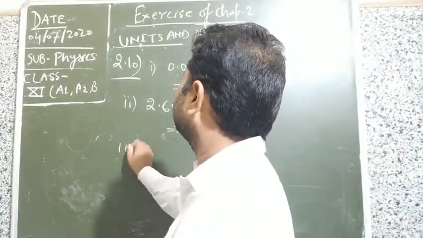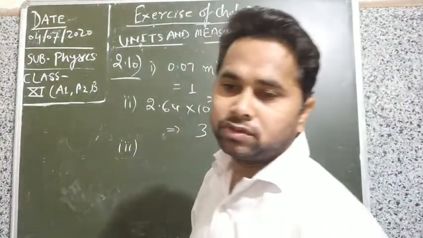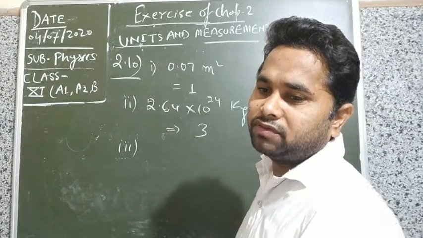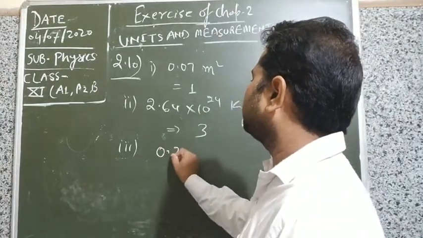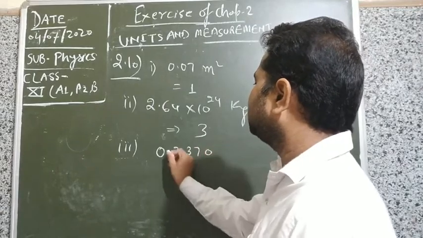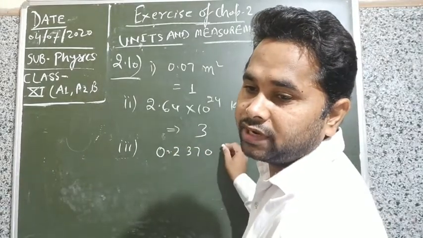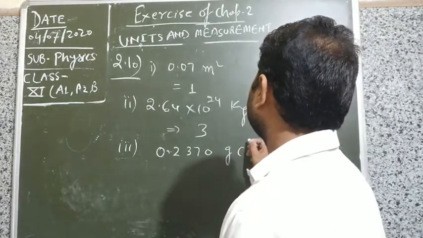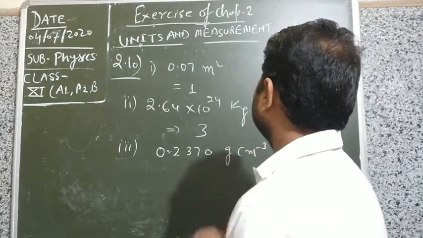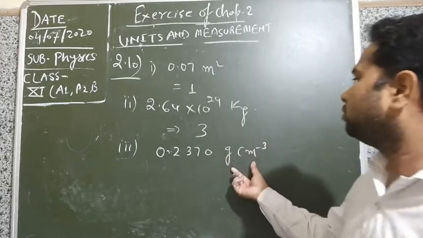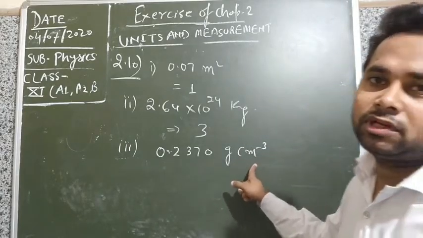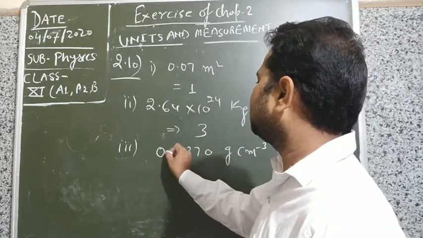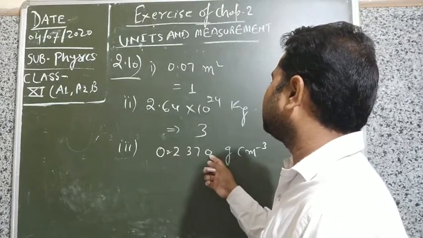Next, 3 is 0.2370. It is gram per centimeter cube. Gram per centimeter cube, mass upon volume, it means it is density. So see this number 0.2370.